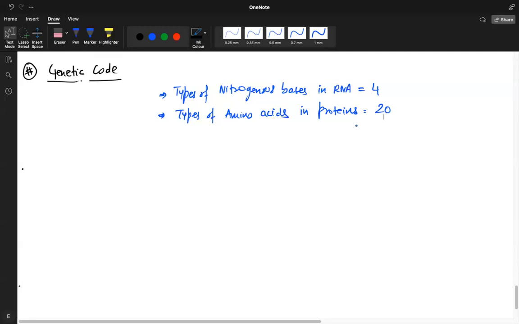Anyone knows, by the way? These are called rare amino acids, also named the 21st and the 22nd amino acid. Anyone knows the name?